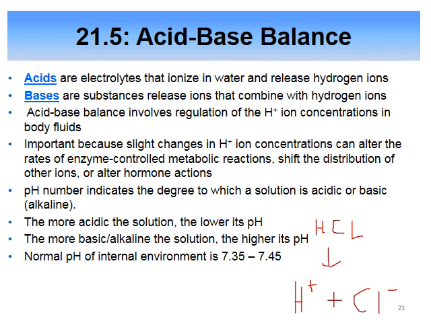Okay, so that's what it means when it says ionize. If you were to put HCl into water, it's going to split. You're going to get H+ as a hydrogen ion and Cl- which would be a chloride ion.